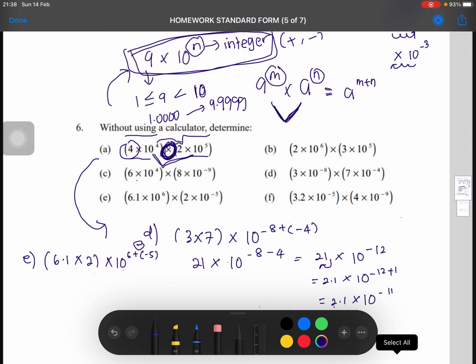The answer is 12.2 times 10 to the power of 6 minus 5. 12.2 times 10 to the power of 1.